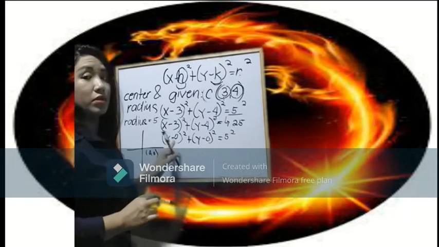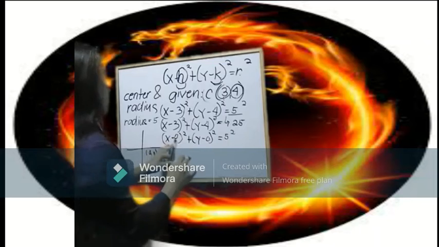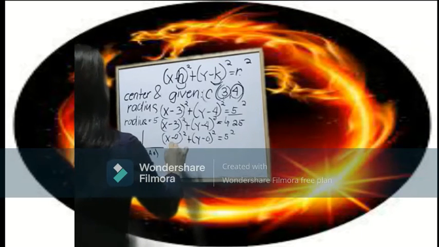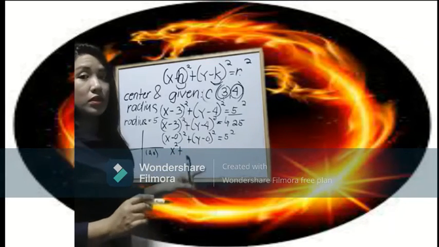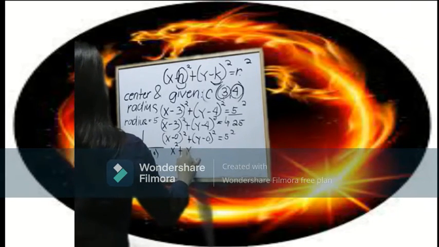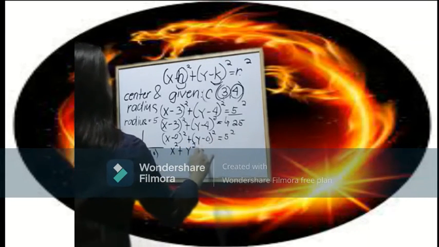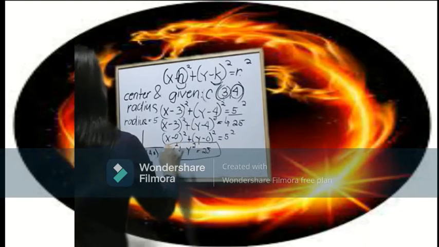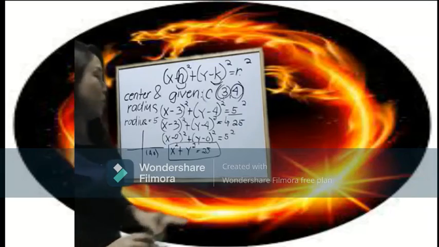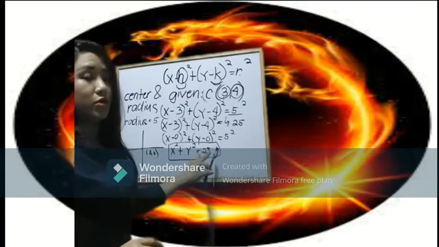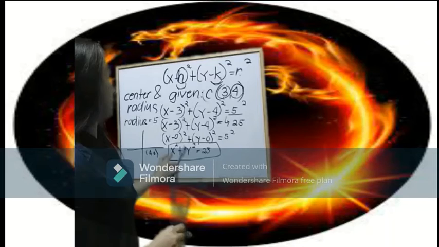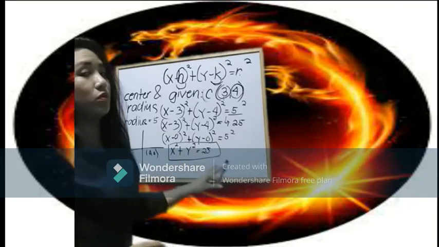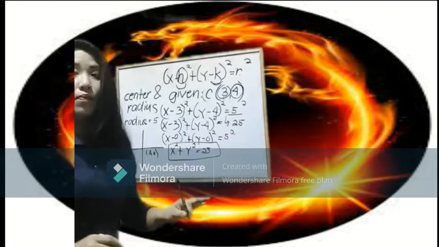It doesn't make sense to subtract 0, because x - 0 will still give you the variable x, raised to the power of 2, and y - 0 will still give us the variable y, raised to the power of 2, equals 5^2. That can be simplified into 25, and your equation will be x^2 + y^2 = r^2. So with the given, we will have x^2 + y^2 = 25. This one is based on the given.